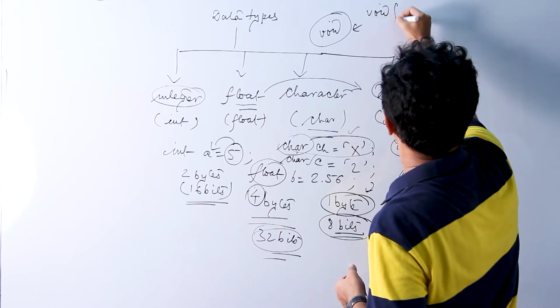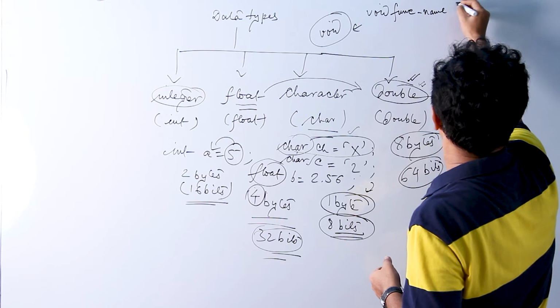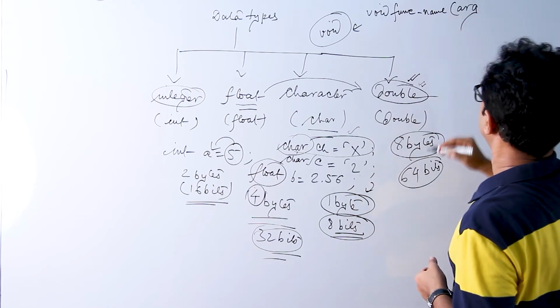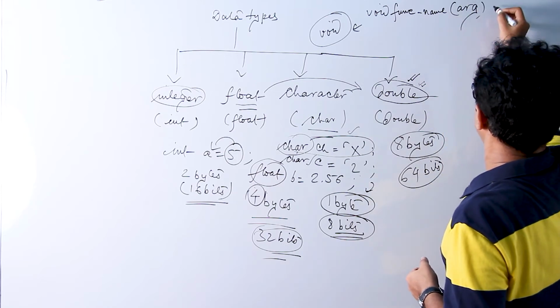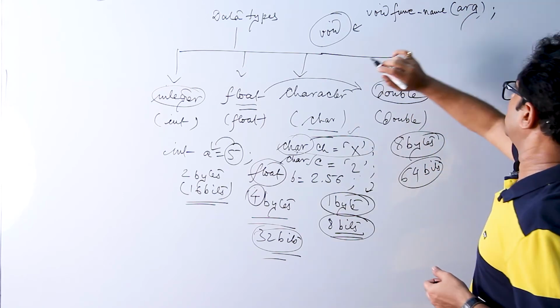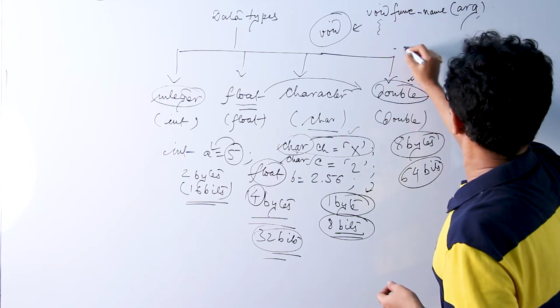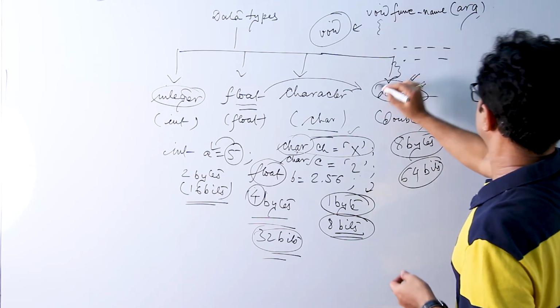void function name and argument list, something like this in the prototype or in the function definition. Suppose it is a function definition. We'll write some expression statements over here.